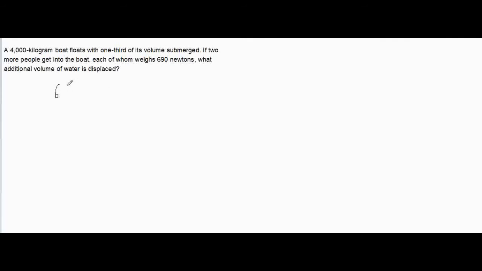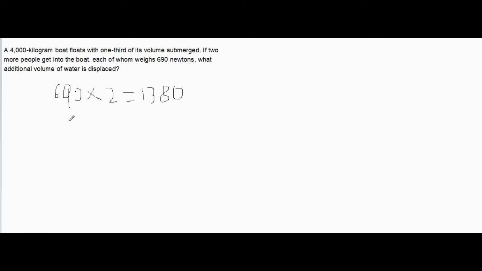So we just multiply 690 by 2, and we get 1380. So an extra 1380 newtons of force was added. Now we need to know the extra mass that was added.